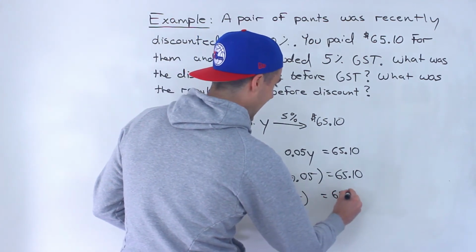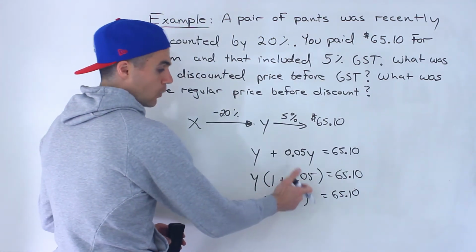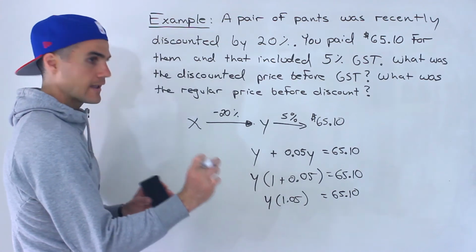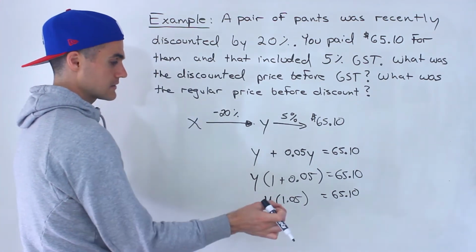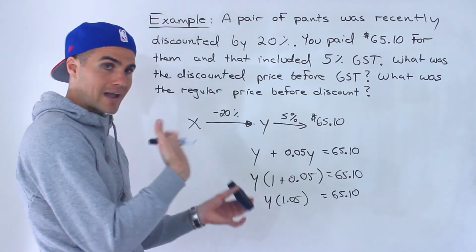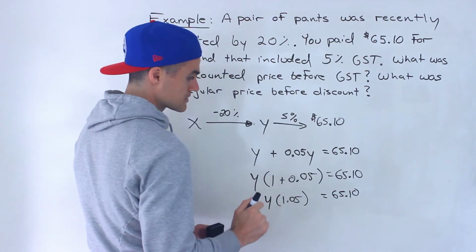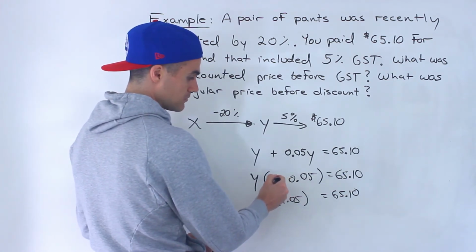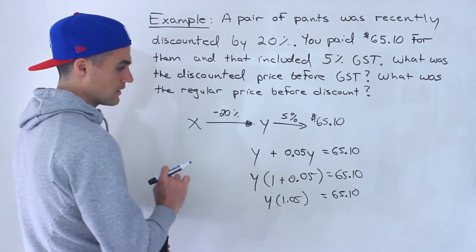If we were adding 11%, it would be 1.11, or 18%, 1.18. If we were subtracting, if we were discounting, the plus would be a minus. So a 5% discount would be 1 minus 0.05. But we're not worrying about the discount yet.